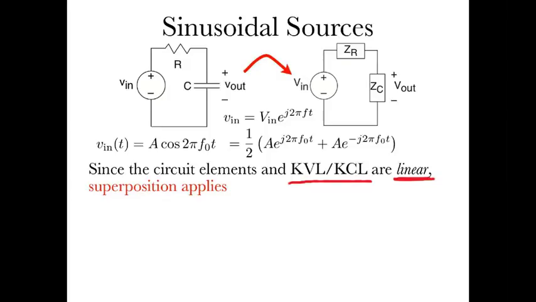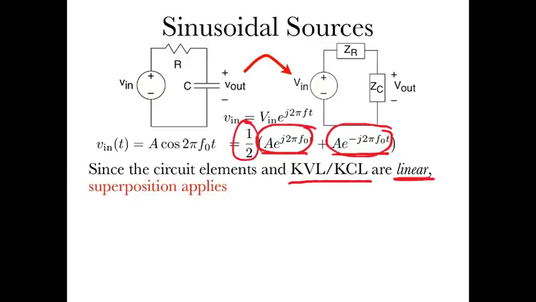Remember what the definition of linear was. That if the input consists of a sum of terms, the output also consists of the sum of the outputs to each term considered separately, and you just add them up and multiply by a constant if there are any.